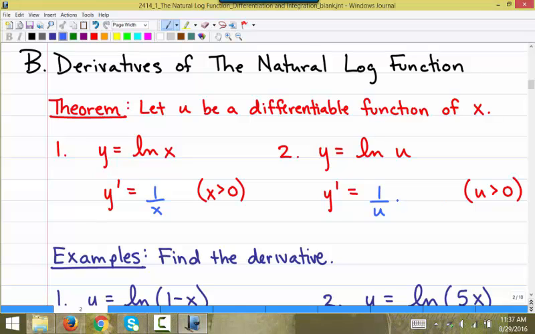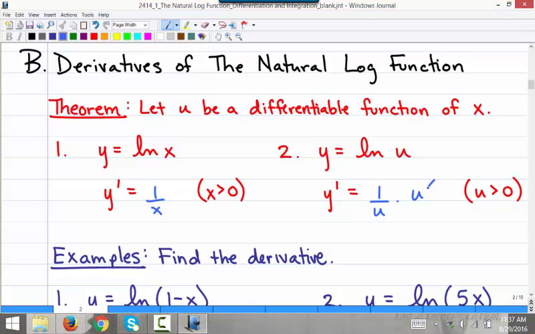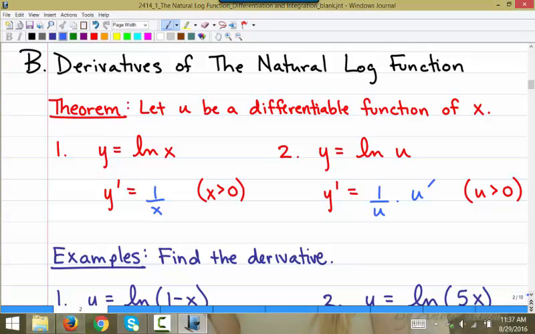And then you have to say times the derivative of that. We're going to go do several examples right now. So the derivative of ln blah is 1 over blah times the derivative of blah. 1 over blah d blah. Here we go with the first example.